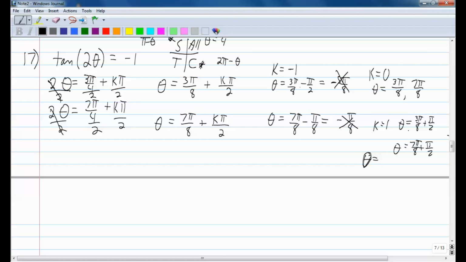So if you repeat an answer, you don't take the answer twice. You just take it once. Repeat this process over and over, and eventually your last answer you'll get is 15 pi over 8. You just let k equal 2, and you'll get that. So your answers here are 15 pi over 8, 11 pi over 8, 7 pi over 8, and 3 pi over 8.